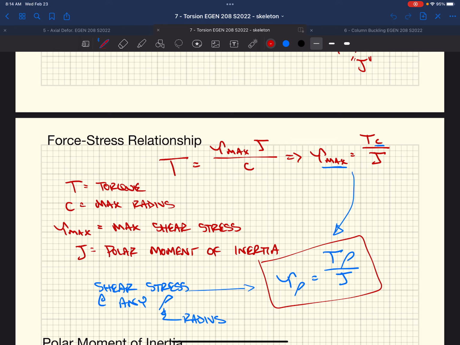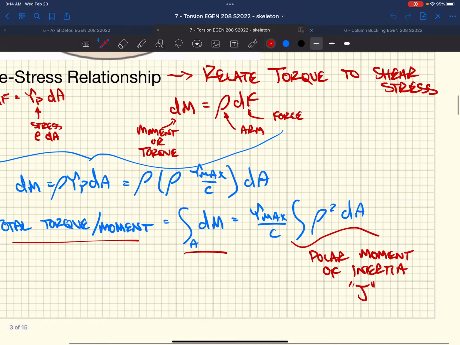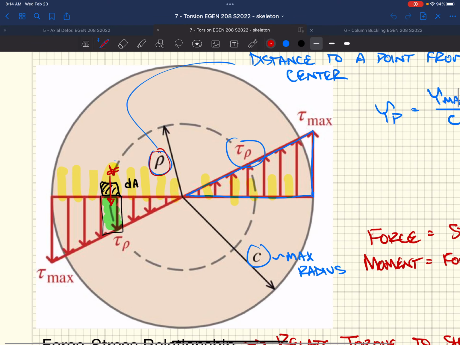And we're not going to go into open sections like a wide flange. In this class, as I mentioned, we're only going to be talking about cylindrical shafts, so hollow like pipes or solid round stock. Makes things a bit simpler. So if we have an applied torque on a shaft, the maximum shear stress is a function of the polar moment of inertia and the maximum radius, which we call C. If we go back to this, C was our maximum radius.